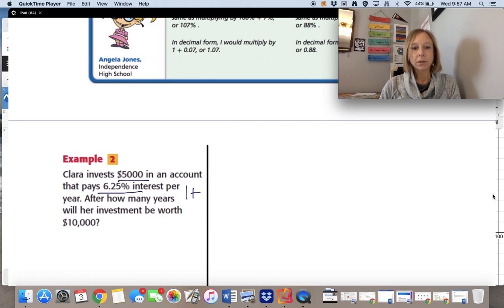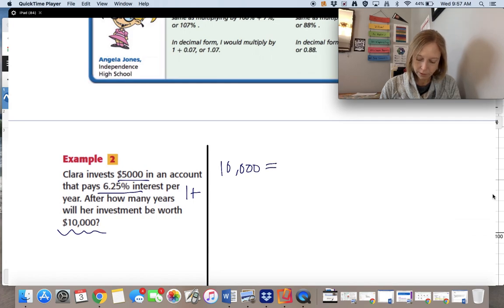After how many years will her investment be worth $10,000? That's a final amount. So let's go ahead and put those in. Our final amount is $10,000 equals our initial amount, which is $5,000, times 1 plus 6.25%. That would be 0.0625 to the t.